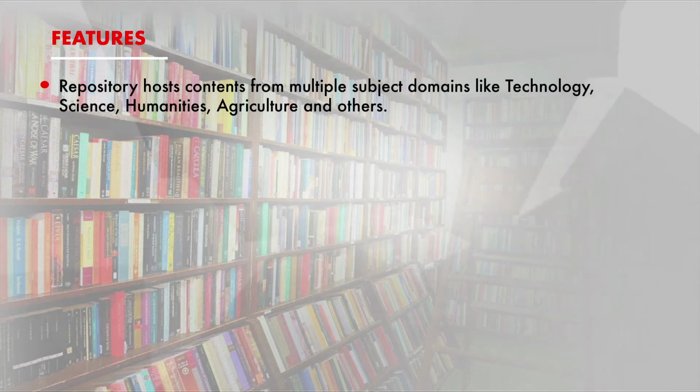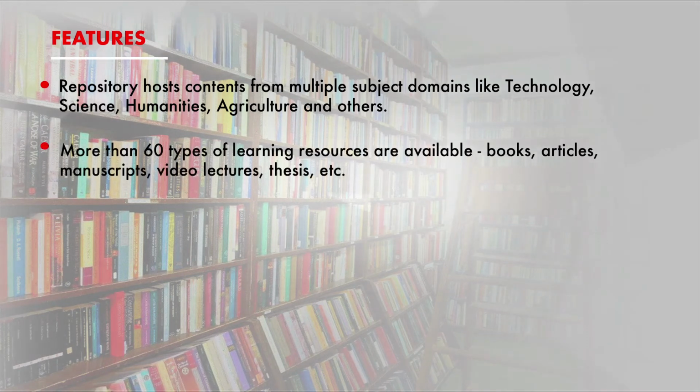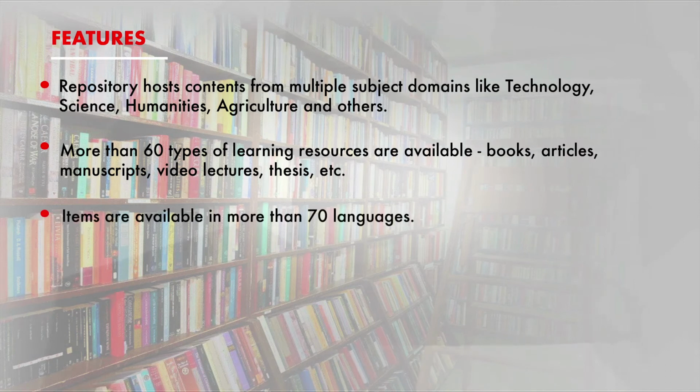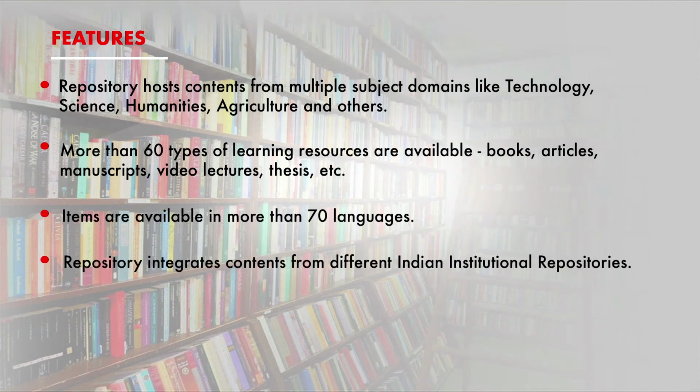This is a repository which hosts content for multiple subject domains like technology, science, humanities, agriculture and others. More than 60 types of learning resources are available like books, articles, manuscripts, video lectures, theses, etc. Items are available in more than 70 languages, and this National Digital Library integrates contents from different Indian institutional repositories.